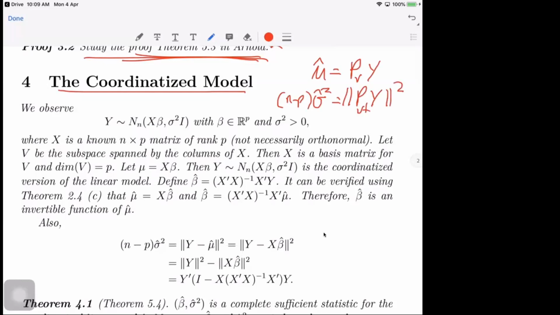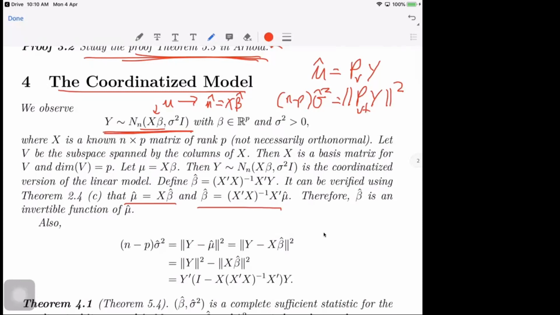So in the coordinatized version of the linear model, our mu is X beta. So equivalently, our mu hat will be X beta hat, with our beta hat equal to X prime X inverse X prime mu hat. So this is the coordinatized version of the linear model.